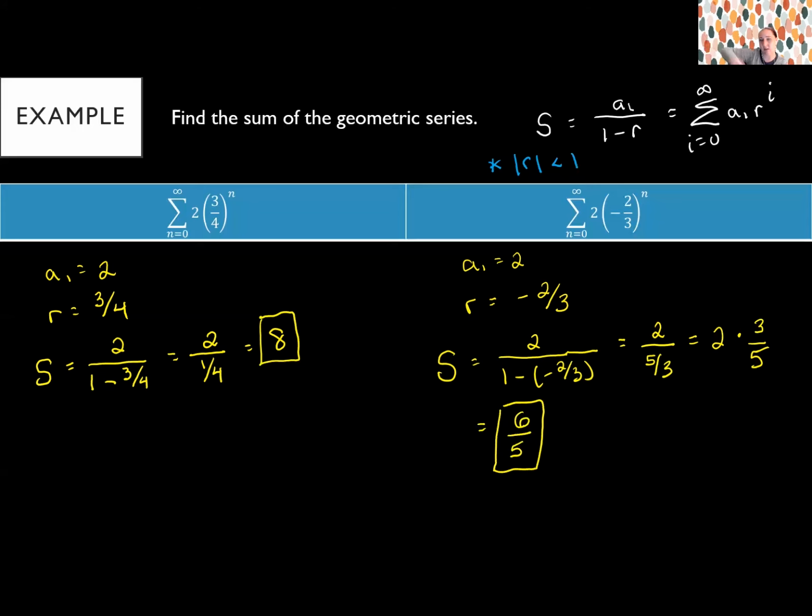It just keeps getting bigger and bigger and bigger. So there is no one number for the sum. You can have a negative, like we have negative 2/3, but that absolute value has to be less than 1 in order for this formula to work. And you're not going to be asked to do anything other than that because it's just not going to make sense.